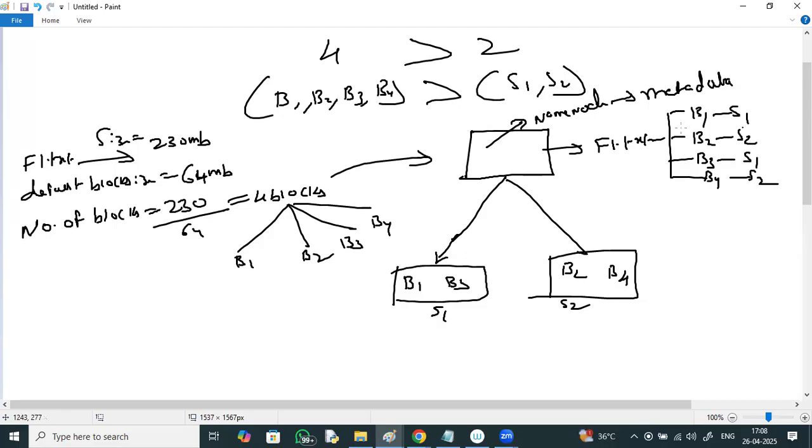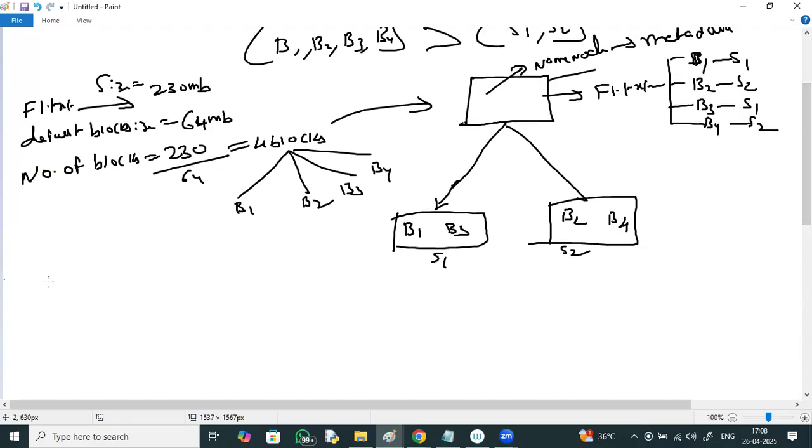This kind of information, about blocks and slaves, is stored by the master node. Only the metadata information is available in the master. In the slaves, the actual data is stored and the actual data is processed. This is how the data is stored.